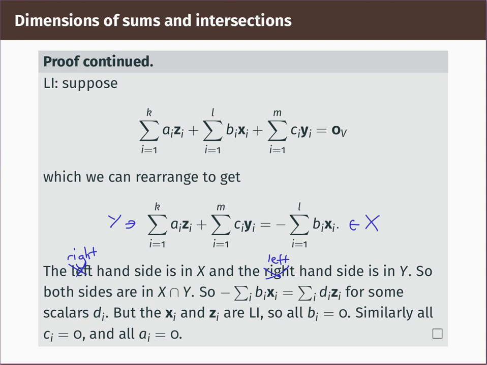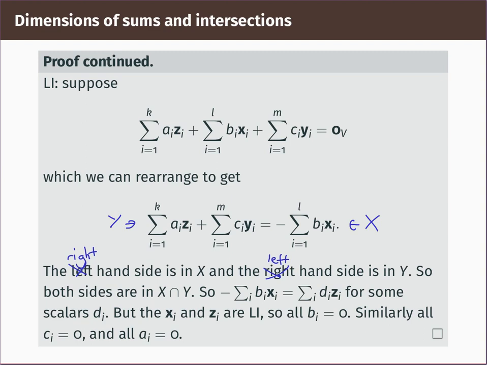But the z's are a basis for X intersect Y. So every element of X intersect Y is a linear combination of the z's. In particular, minus the sum of the bixi's is equal to some linear combination of the z's. Let's say it's equal to the sum of dizi.